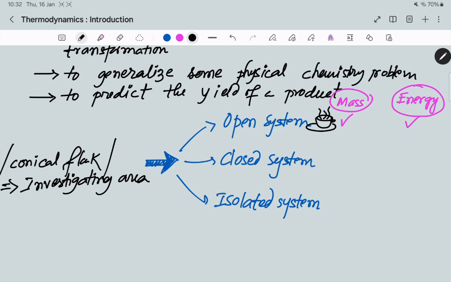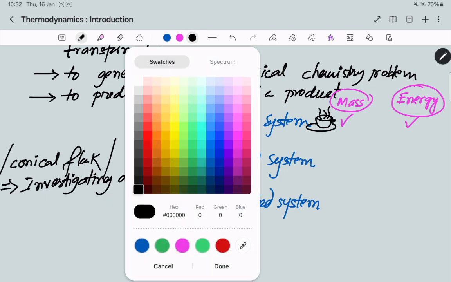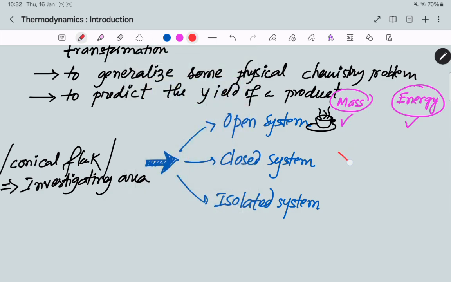So it is an example of an open system. Now for a closed system, we control one: only the exchange of energy, not the exchange of mass. Then it is our closed system.